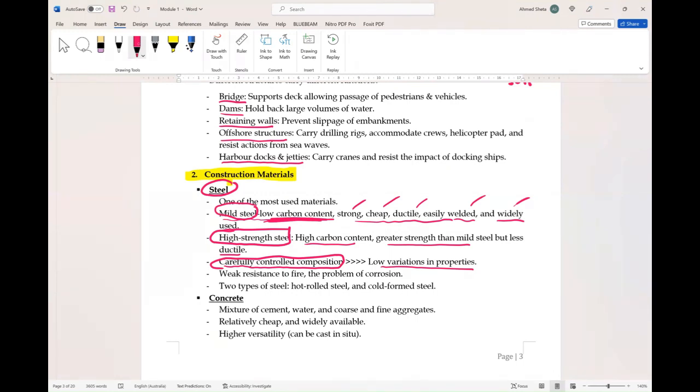The problems of steel are that it has weak resistance to fire and also to corrosion. So these are the two main problems of steel.